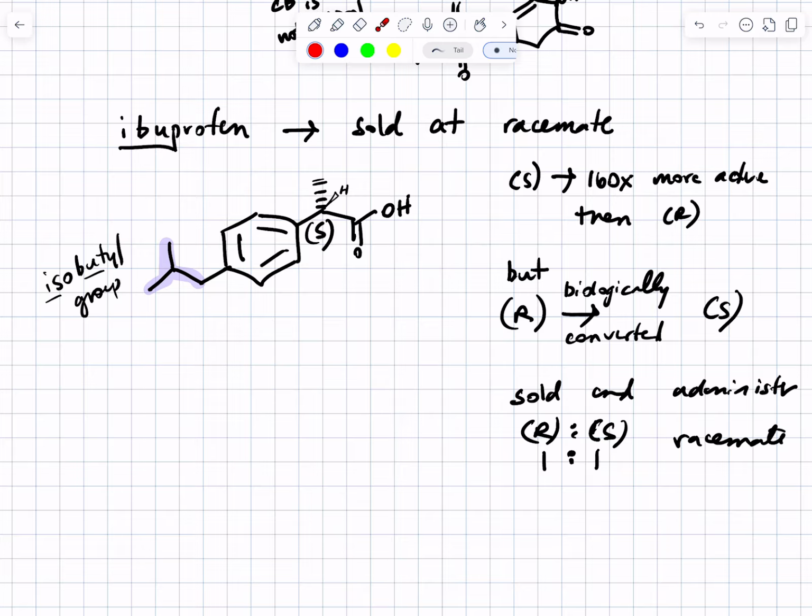Okay. Sometimes, as I mentioned, biology can interconvert enantiomers. And in that case, it's senseless to give somebody just the pure enantiomer because your body's going to end up making both anyway. Ibuprofen is an example of that. Thalidomide is an example of that.